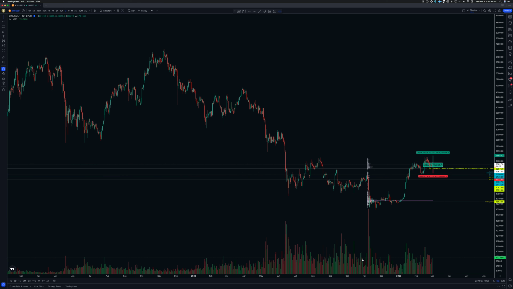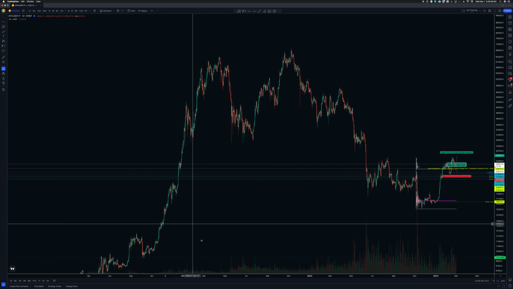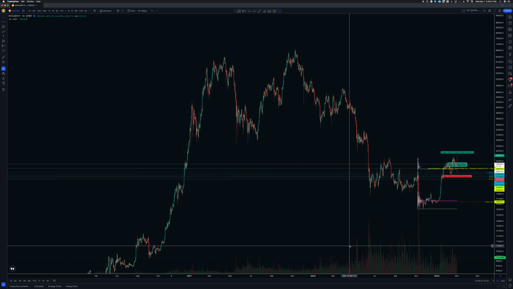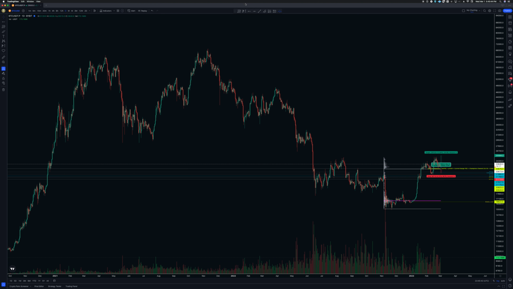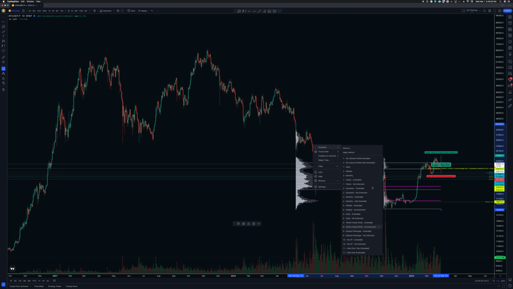Where will it stop? Where could we possibly go to? That's a very good question. A couple things here. I want to show this very briefly. No extension.